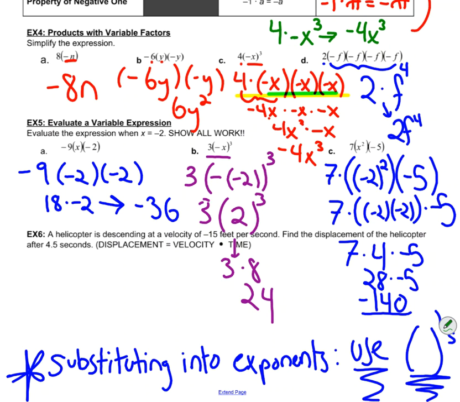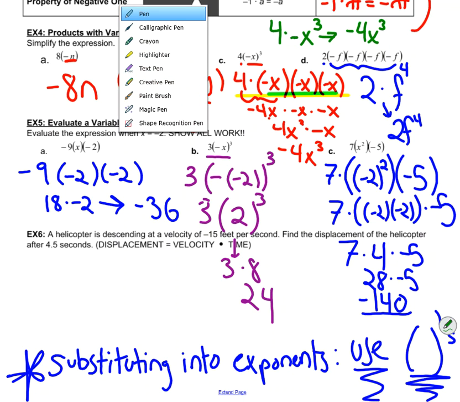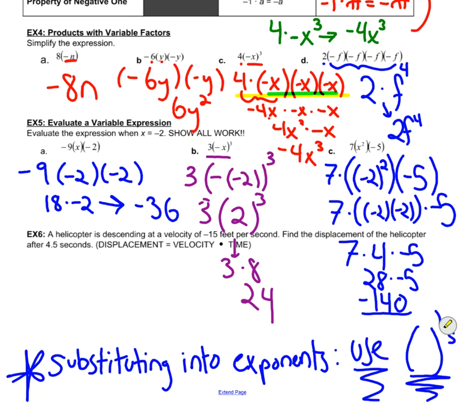Okay. Last problem, example number 6. A helicopter is descending at a velocity of -15 feet per second. Find the displacement of the helicopter after 4.5 seconds. And we're given an equation that displacement is equal to velocity times time.